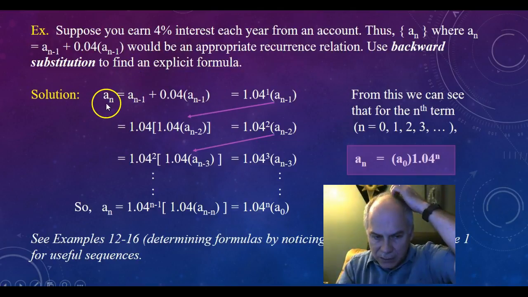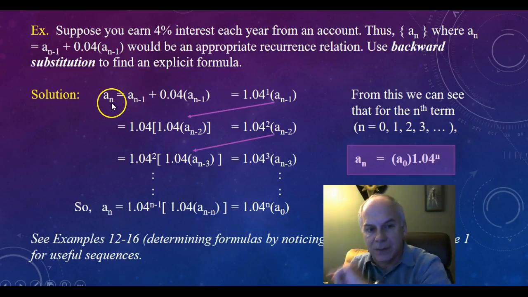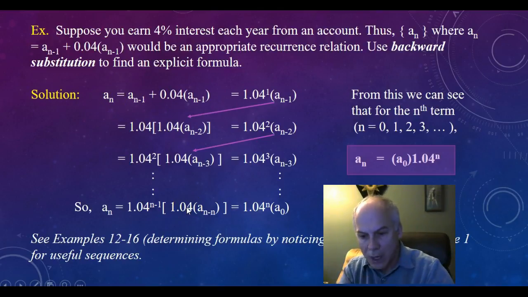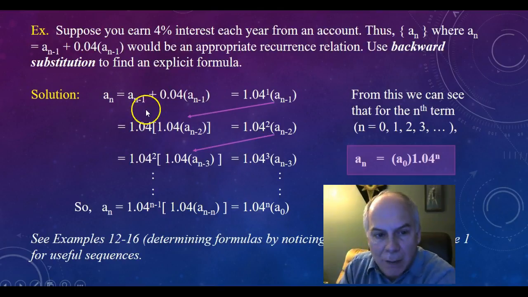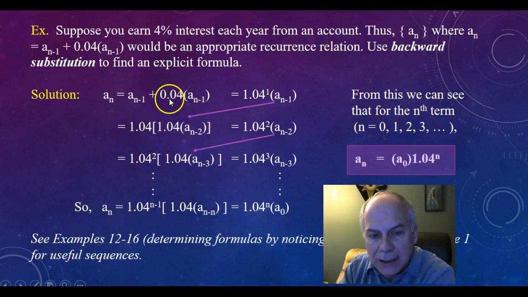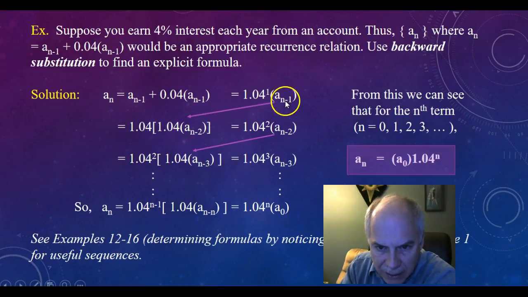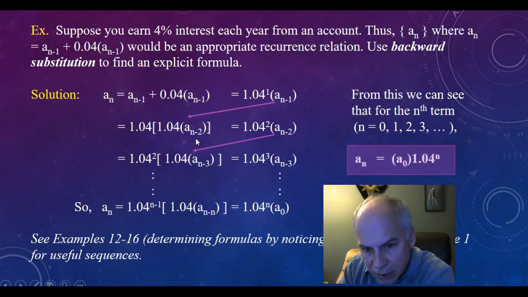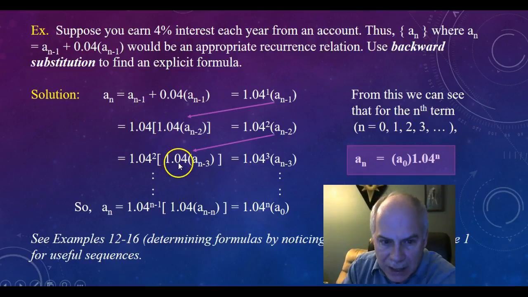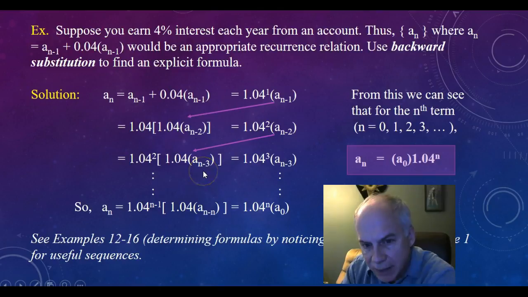So if I work and show this in a backwards way, starting from the nth term and working backwards rather than starting from 1 and moving on up, okay, so you get this formula for a sub n, and then I can replace the a sub n minus 1 with 1.04 times a sub n minus 2, and then I can replace that with 1.04 times a sub n minus 3.